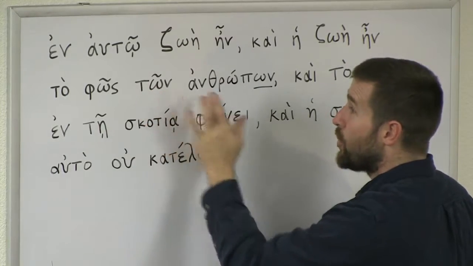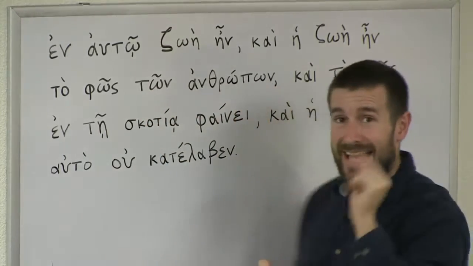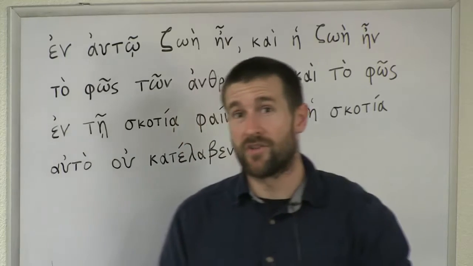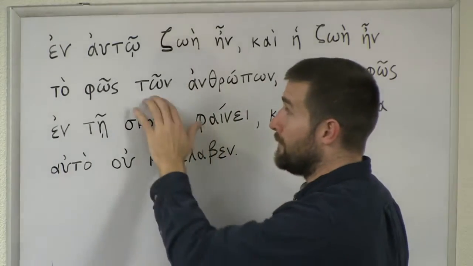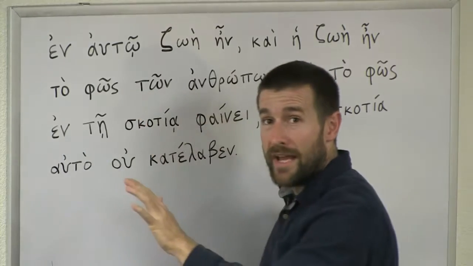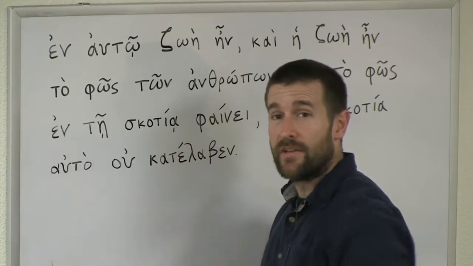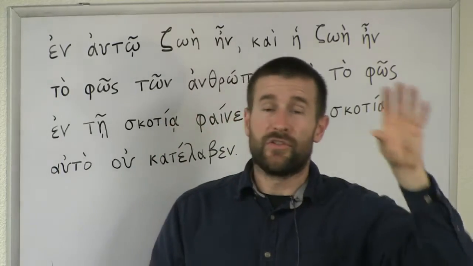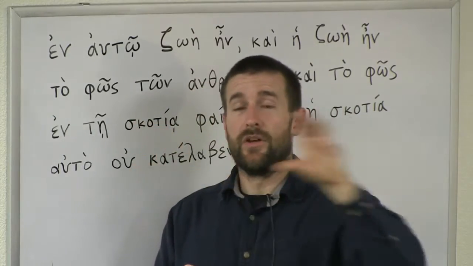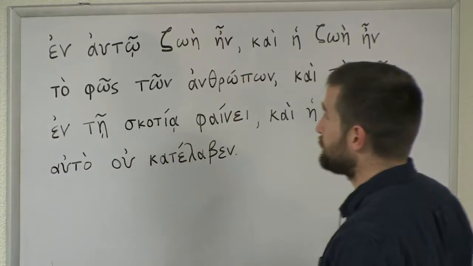This is why it is so important to memorize that chart, that demonstrative pronoun chart and the definite article chart. Because when you see that definite article, you can know right away what case it's in and whether it's singular or plural. You got to memorize that chart, the o, e, to, tu, tis, tu, to, ti, to, and on.